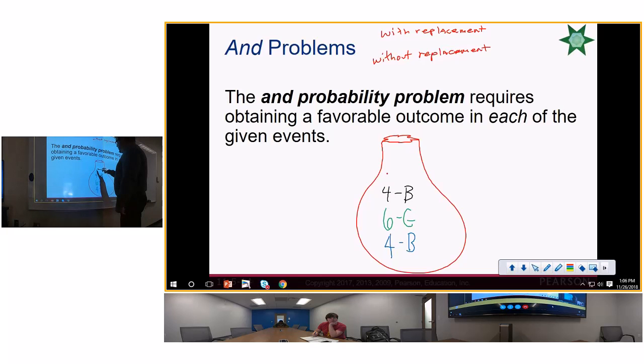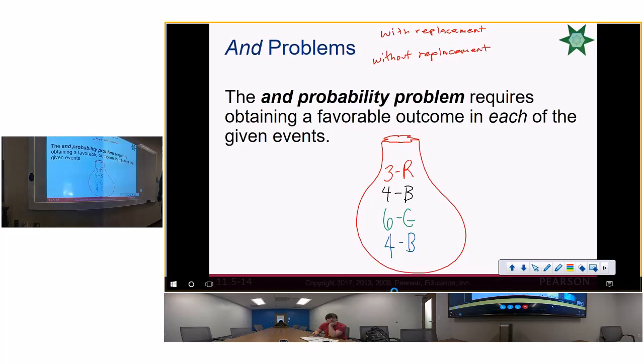Let's go with 3 red marbles and 3 yellow marbles.